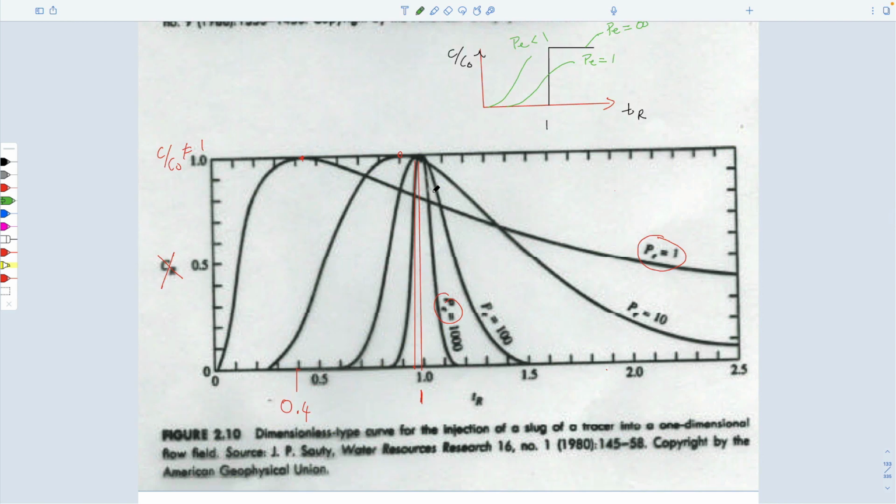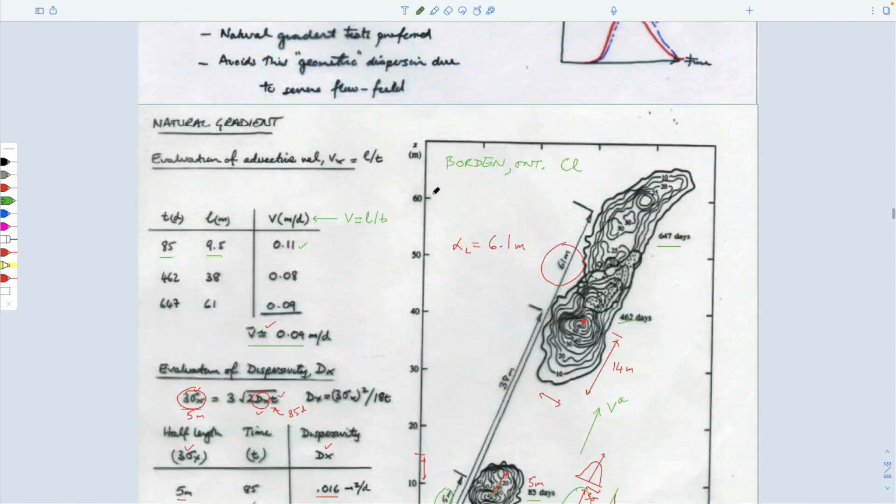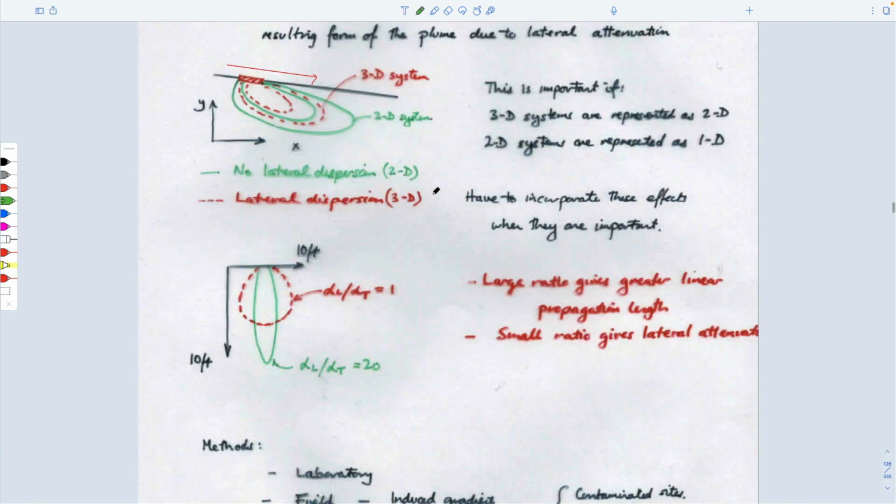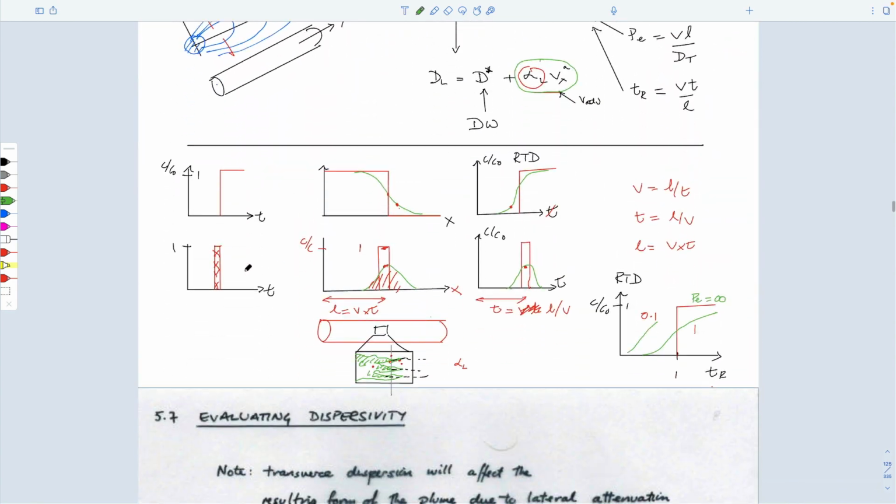So far, we've talked about the advection dispersion equation and what it represents, and we've made the point just recently in this last little foray that if you look at the area under this Manhattan distribution, it's conserved as you go from upstream to downstream. As this plume moves along the length of the core, if you had more and more dispersion, then this would just get progressively flatter and flatter.